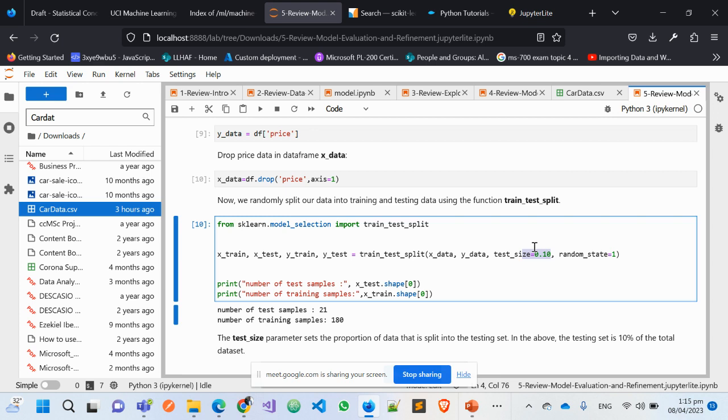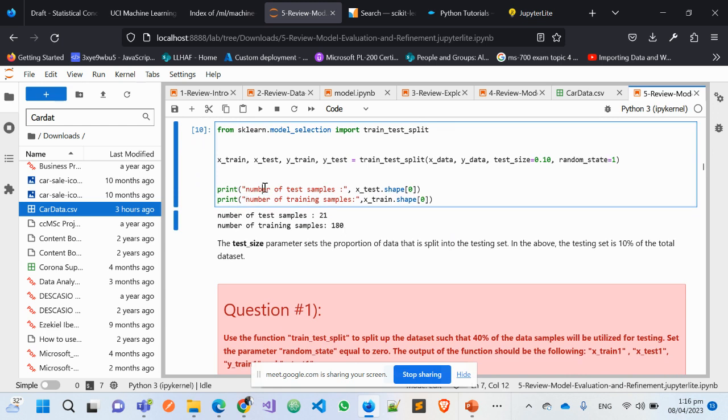So we have our test size at 0.10. Then the random state equal to 1 gives the level of flow that the selection is going to take, so it's going to go by one fold.